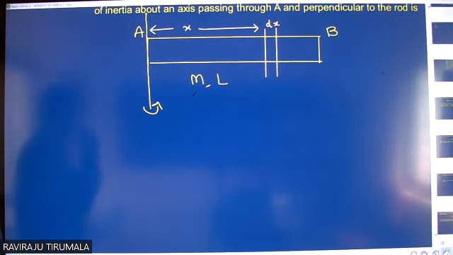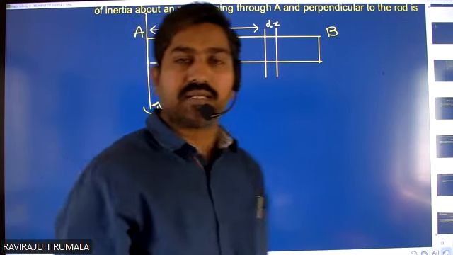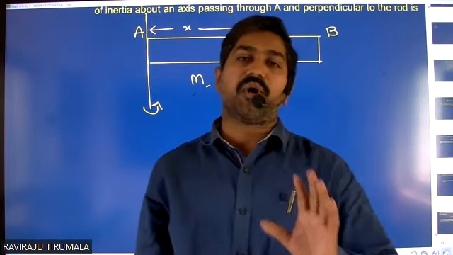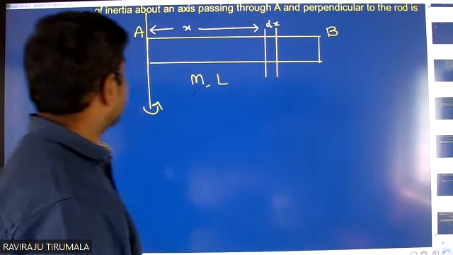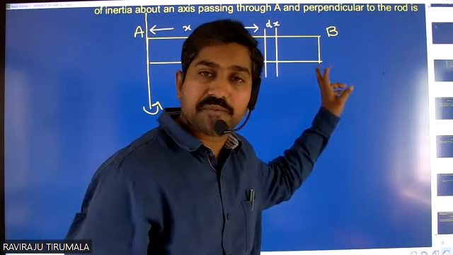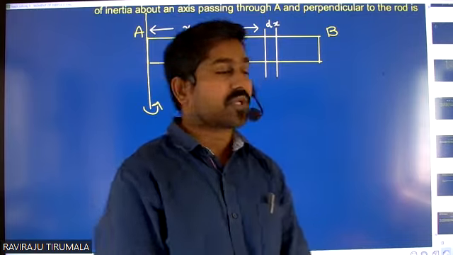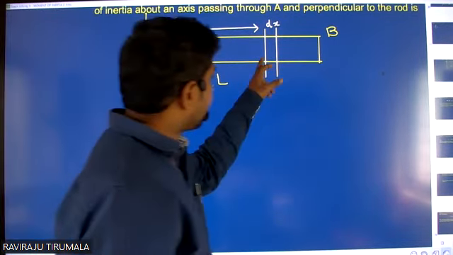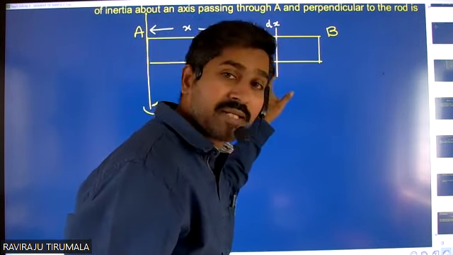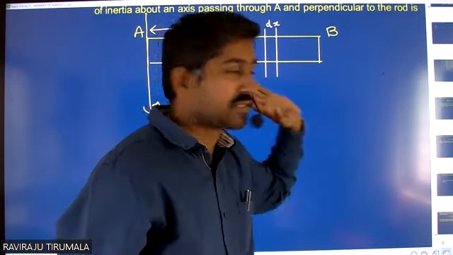For any such case, you have to consider a small element of the body whose length is dx and which is at a distance x from the reference point. Now first try to calculate the moment of inertia of only this element. Later you can integrate that.